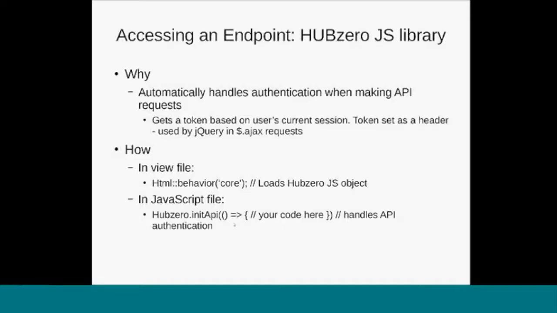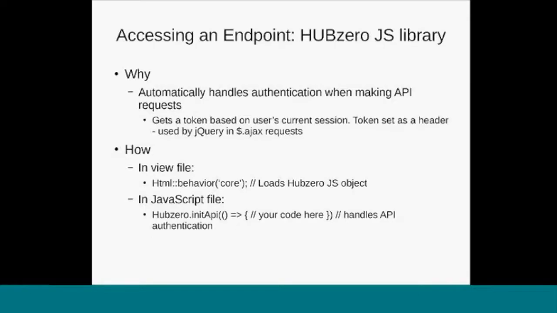That way, you're not exposing your hub to people, if you have sensitive data, or just having to respond to clients you don't want to respond to. And so what that does for you is it automatically will get an access token based on the active user session for whatever browser session is active.